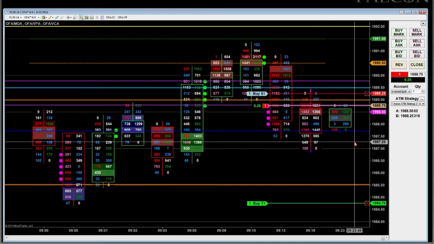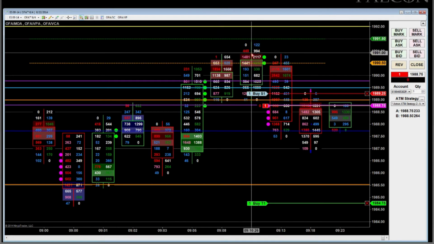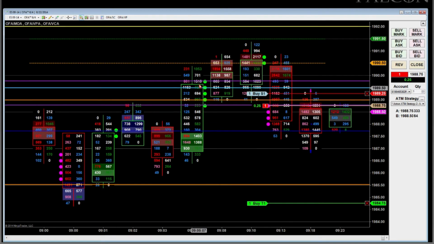So again, what I see is activity at the bid as price was moving higher. Price moved up on relatively low volume, and then we had a lot more activity coming in at the bid. A lot of strength at the bid. Price moved down well. And so if buyers continue to take this higher, there's going to start to be some stops, and it's likely that activity will push price back up into this area.